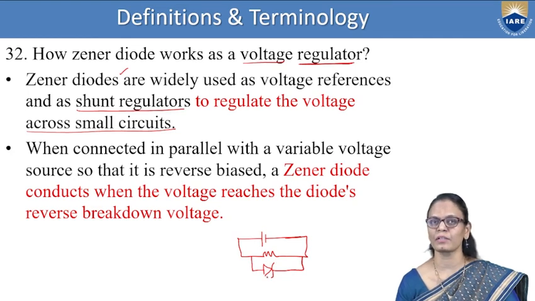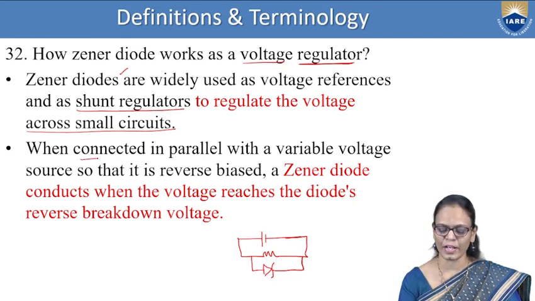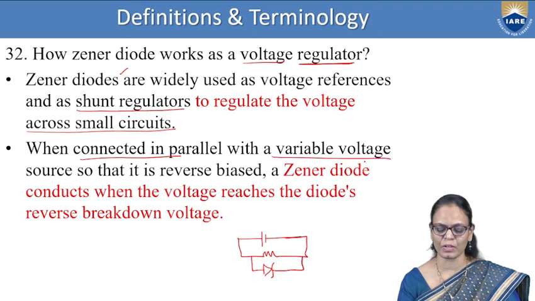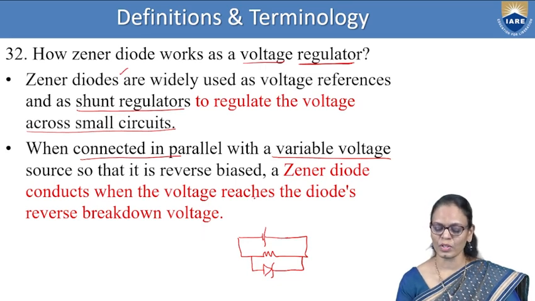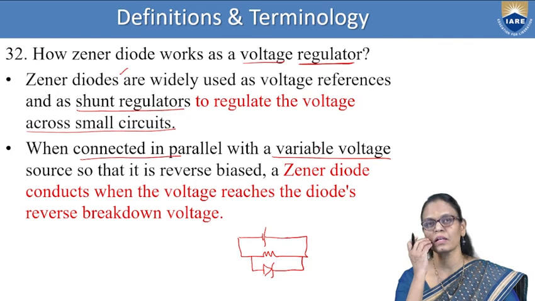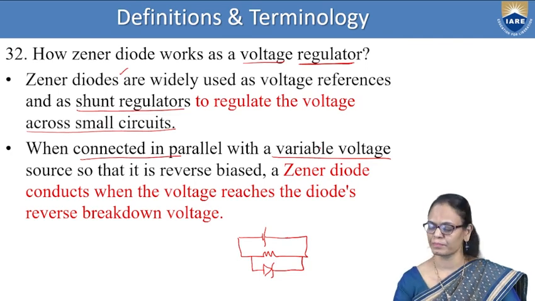When connected in parallel with a variable voltage source so that it is reverse biased, reverse biased means we connect it positive to negative and negative to positive. Then, only when the voltage reaches the Zener diode's breakdown voltage, does it start conducting.